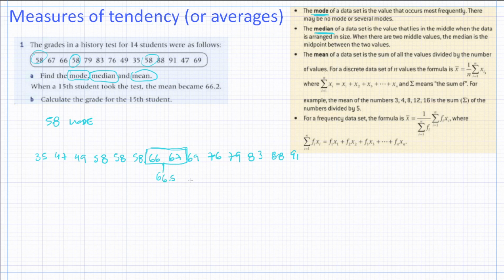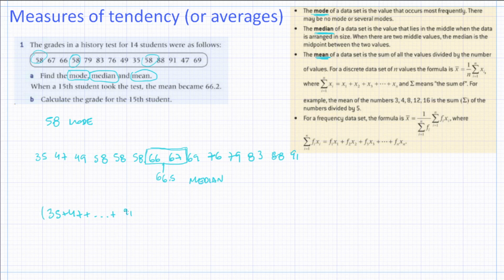Now what about the mean? The mean is the one that we're used to. You basically add all of them and you divide by the number of data that you have. So we would basically do 35 plus 47, adding all of those numbers, and you can do that in your calculator.